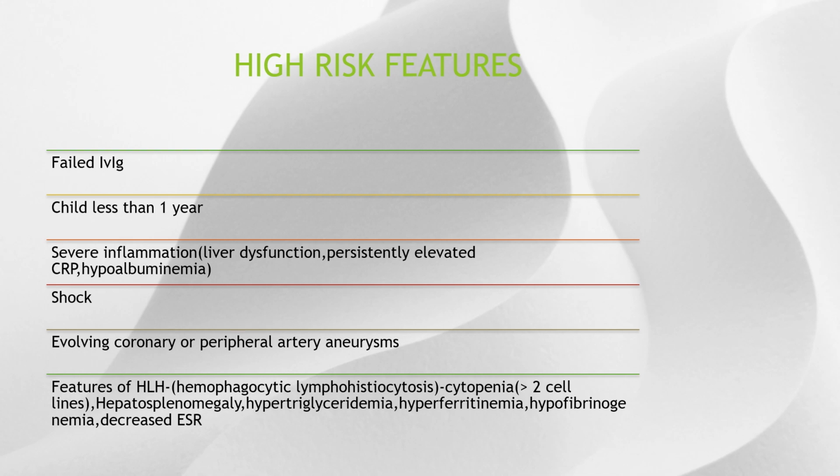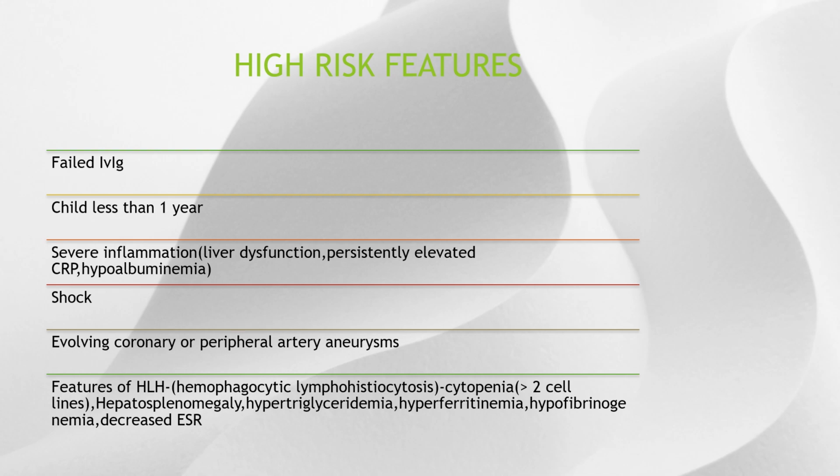If IVIG has failed, a child less than 1 year, severe inflammation like liver dysfunction, persistently elevated CRP, hypoalbuminemia, a child presenting in shock, evolving aneurysms in coronary or peripheral vessels, or features of hemophagocytic lymphohistiocytosis. If these are there, it is a high-risk feature.